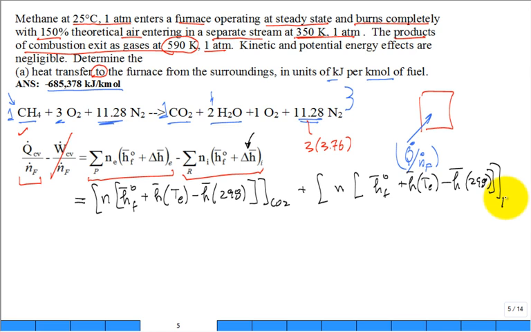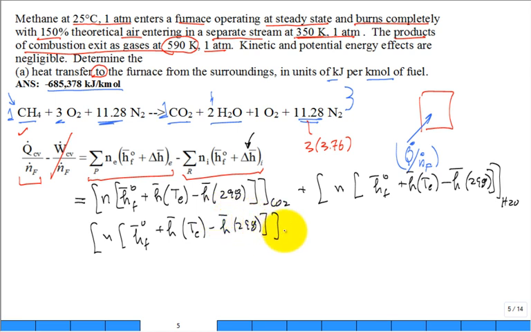I have to do that for the H2O. This can be a little tedious. The first time you do it, you say, this is ridiculous. Come on now. Hey, once you do a few of these by hand, then you're really anxious to use a computer program, aren't you? This will be for the oxygen in the products, because it is one of the products coming out, as well as the stoichiometric coefficient, enthalpy of formation, the enthalpy at the exiting temperature minus the enthalpy of 298 reference.